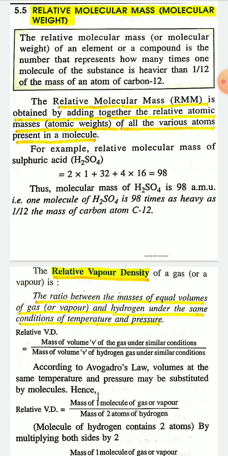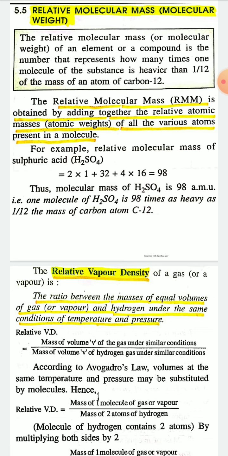For example, the relative molecular mass of sulfuric acid, formula H2SO4. In H2SO4 there are two hydrogen atoms, one sulfur atom and four oxygen atoms. We know that the atomic weight of hydrogen is 1, of sulfur is 32, and of oxygen is 16.